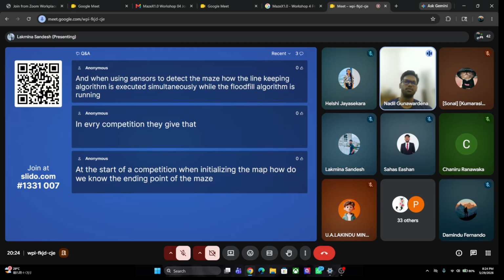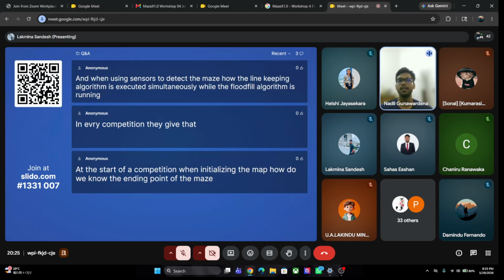You just don't need to do those two things simultaneously. The flood fill algorithm is only applied when you have detected the wall, right? Until then, you can navigate in the maze by using your sensors, and after you have detected a wall, the navigation by using those sensors ends. So after that, you can stop navigating using sensors and just run the flood fill algorithm.